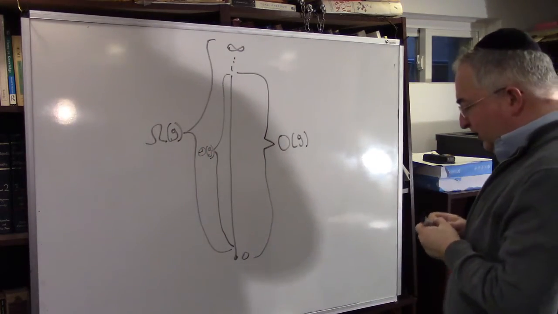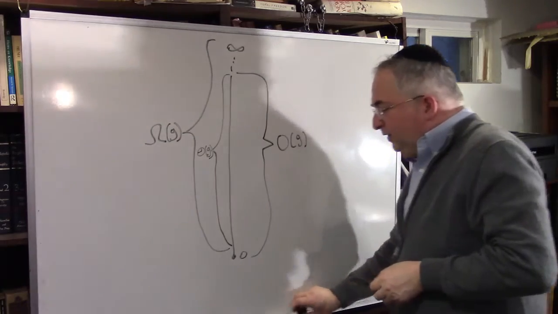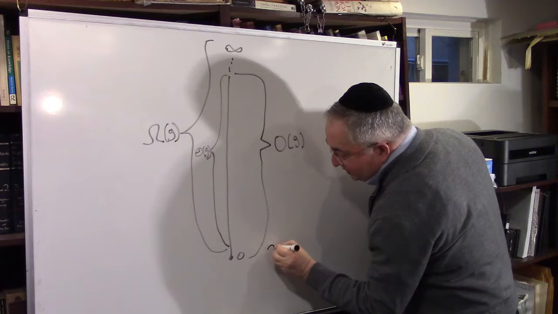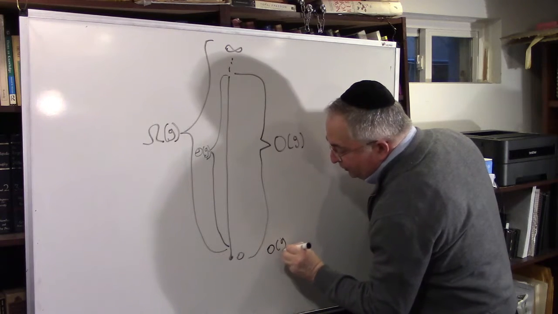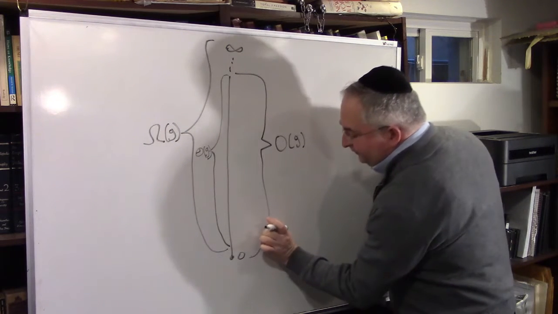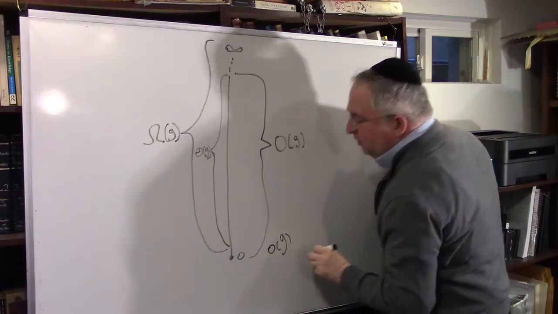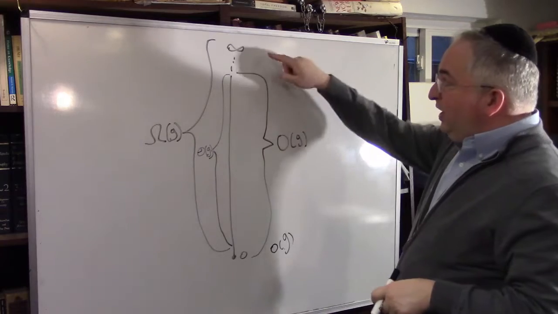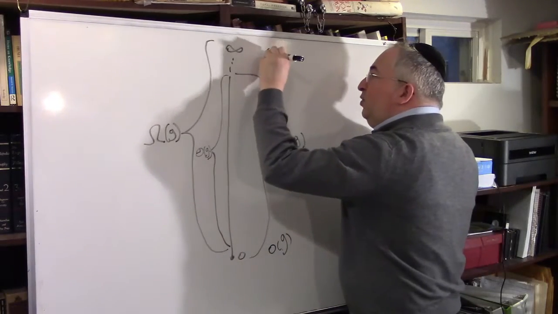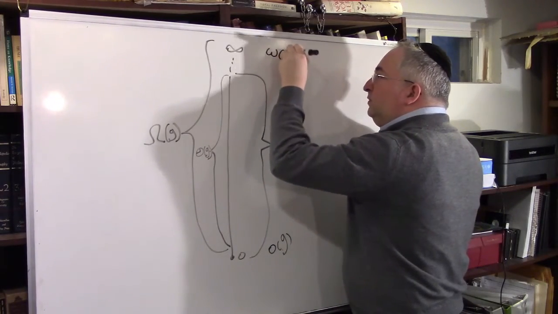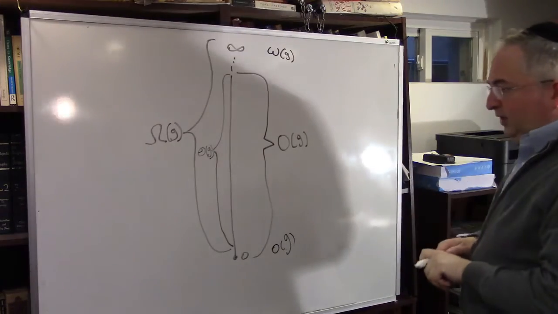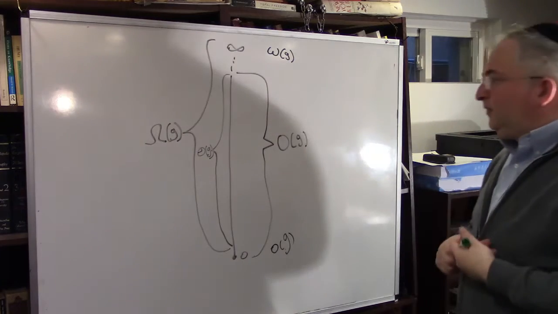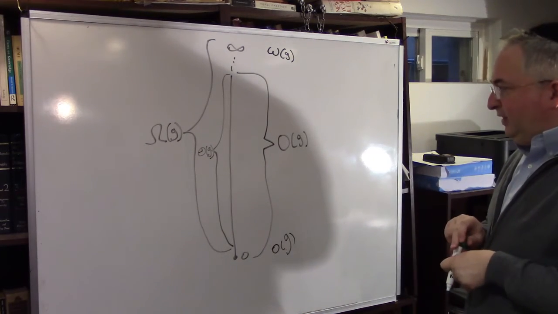Okay, great. 2 more. If you look at the limit and you get 0, that's going to be small o of g. Okay? And if you look at the limit and you get infinity, that's small omega of g. Okay? And again, I'm going to do the same idea again.